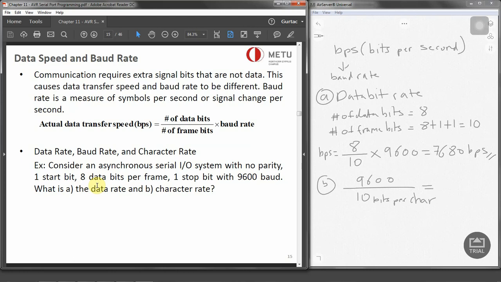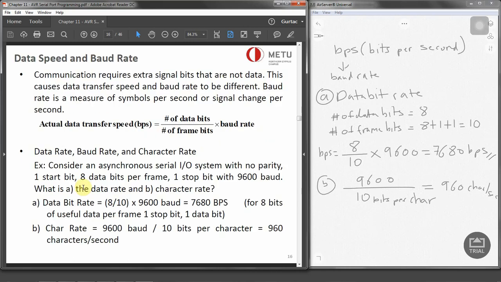That means it is going to be 960 characters per second. And this is how we can calculate the character rate. And you can find the same examples over there.